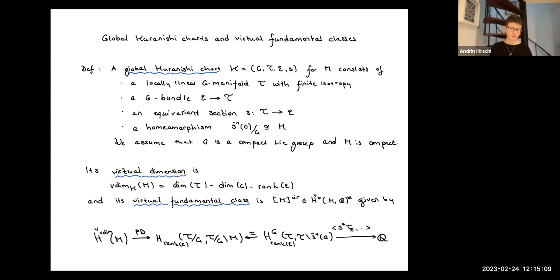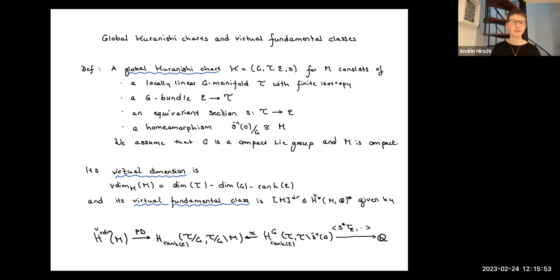And now the virtual fundamental class of M with respect to a global Kuranishi chart lives in the dual of Čech cohomology in degree the virtual dimension of M, and it's given by this one line, where we use on one part a lift of the Euler class of the obstruction bundle, and then two isomorphisms to pull this back to a map from the Čech homology of M to just Q. And this again holds because of this technical assumption of local linearity and because we have finite isotropy, and of course, because we also have rational coefficients.